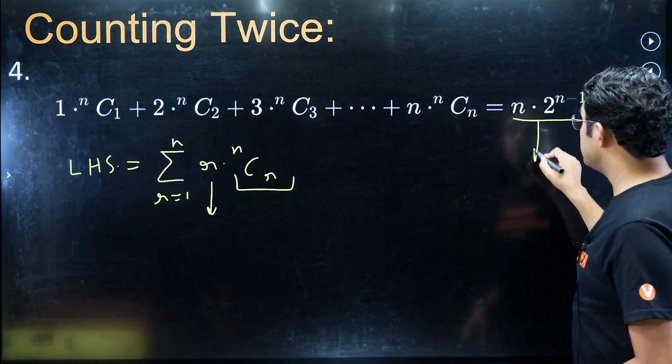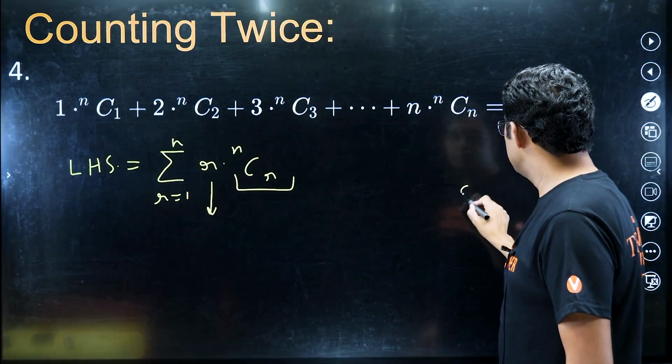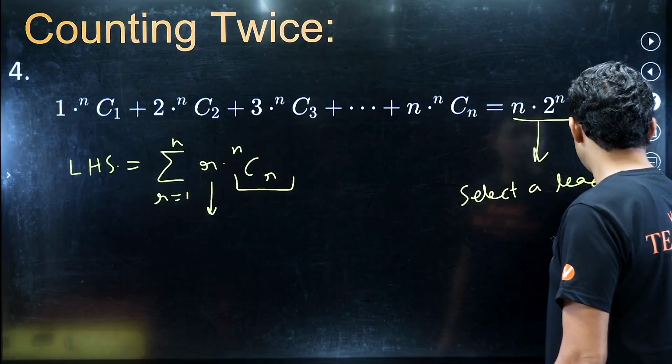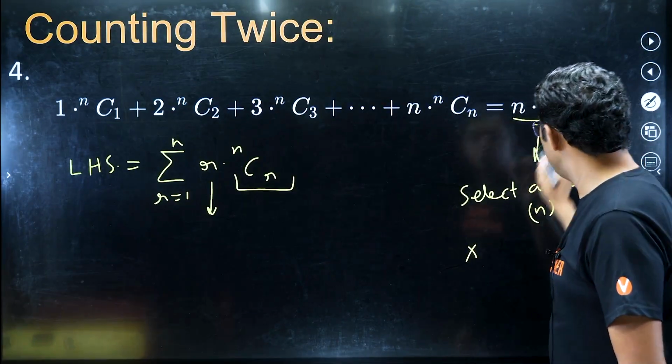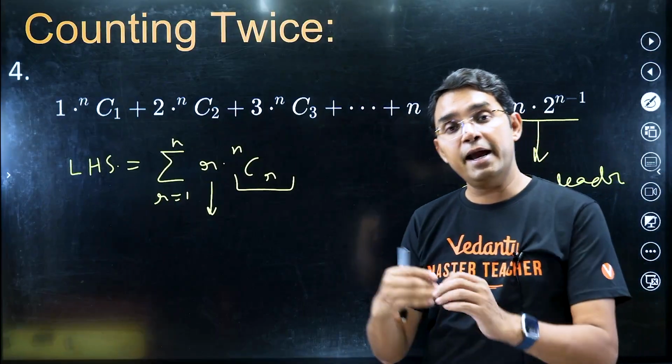Now the right hand side is what? Please understand. It says select one captain first, or leader. Select a leader in N ways, into, from the remaining N minus 1 students, because one is already selected and made leader.